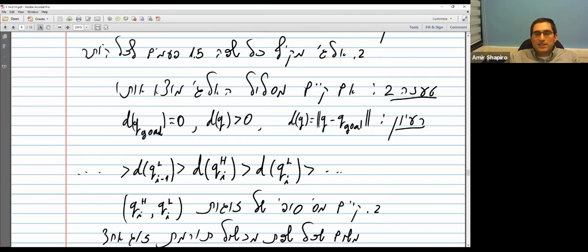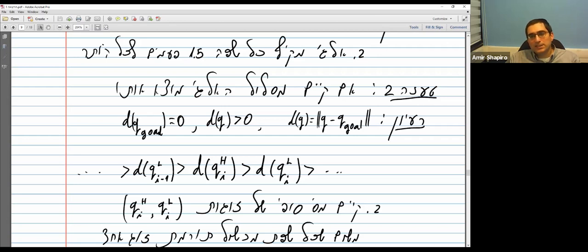The second theorem is that if there exists a path, the algorithm will find it. And the idea is that the distance of Q, where Q is the XY position of the robot, to the goal.